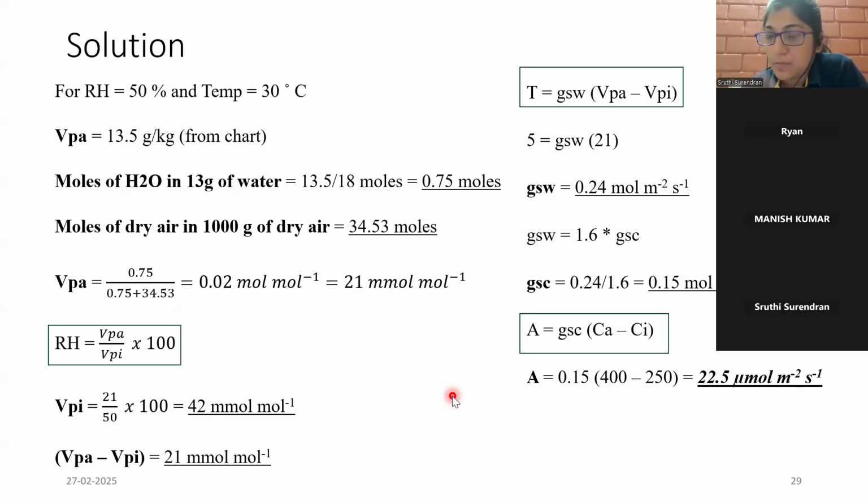The mole fractions of water will be in millimoles, carbon dioxide in micromoles per mole, and stomatal conductance is always in the unit of moles per meter square per second. It is only then that this same stomatal conductance value, by connecting it to the diffusivity ratios, we can substitute for the transpiration rate as well as the assimilation rate. So this is how it is entirely connected.